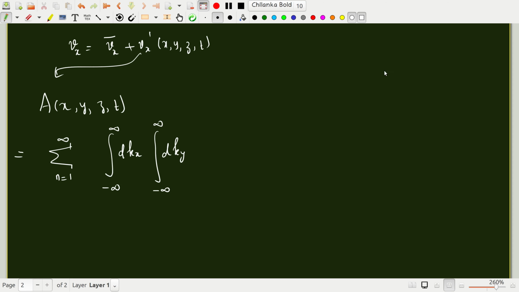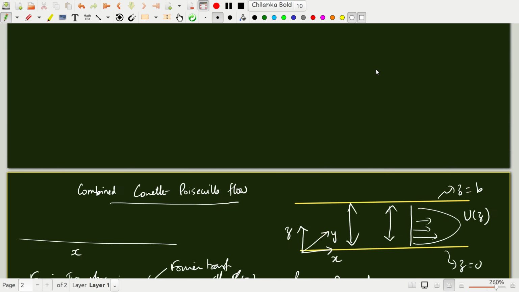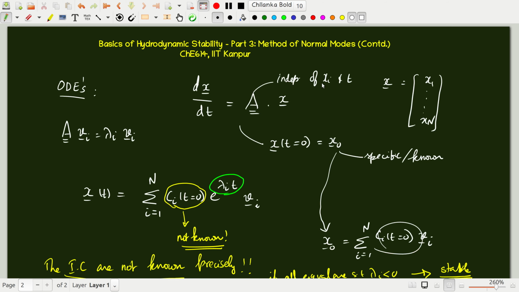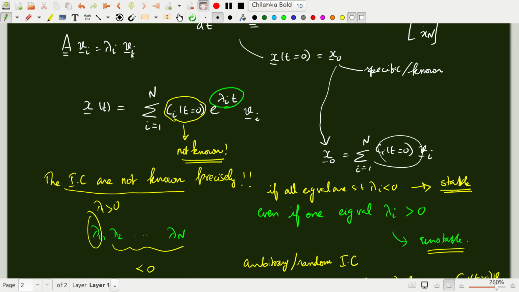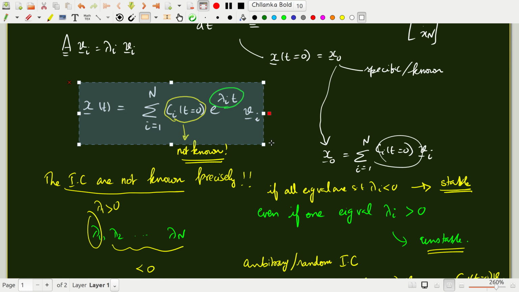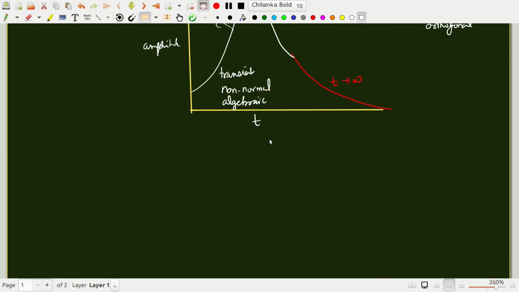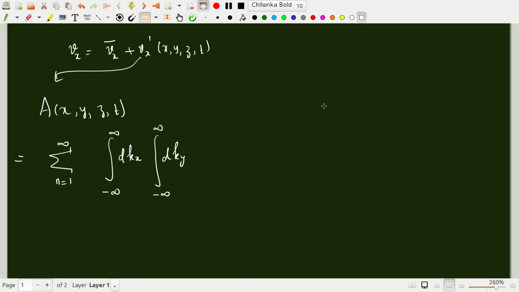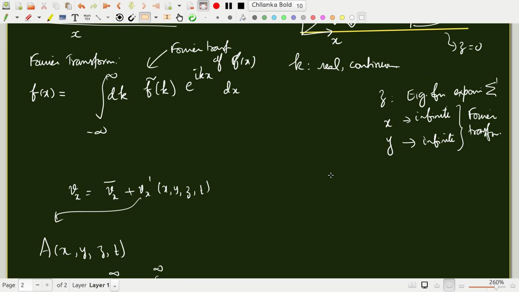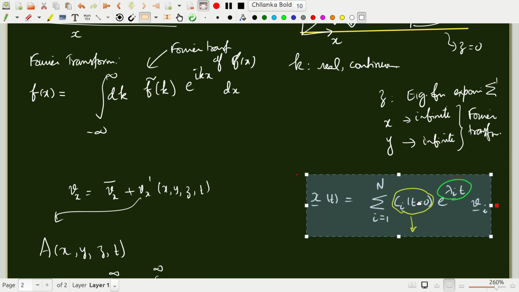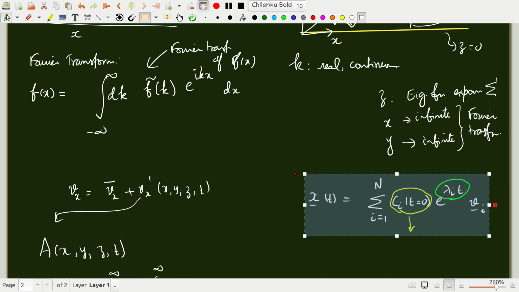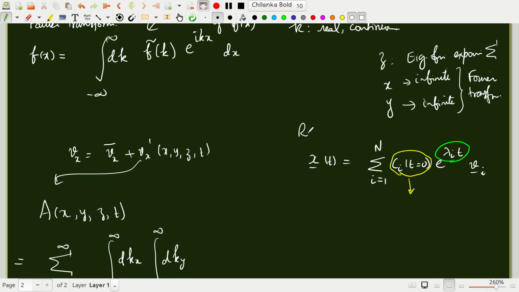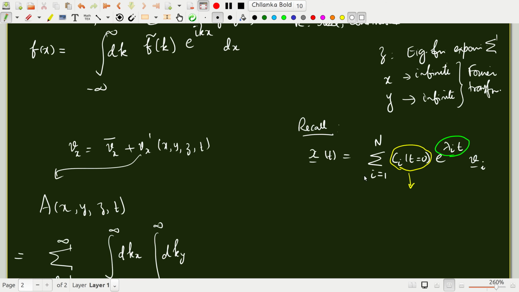Now I'm going to draw an analogy with what we had here. Let me just copy this part here. Okay, this is for the discrete case of ODEs we just recalled.